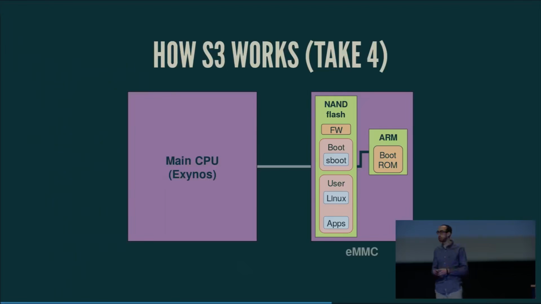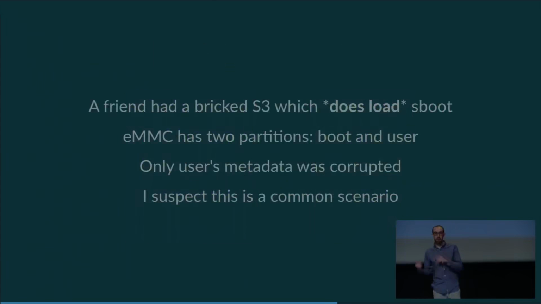So it stores Linux and all the Android file system and all the apps, etc. The boot partition has its own FTL metadata, and the user partition also has its own metadata. A friend of mine had a bricked S3 which does load SBoot, so he gets this screen.